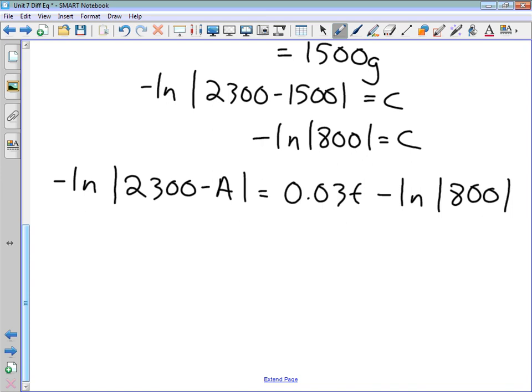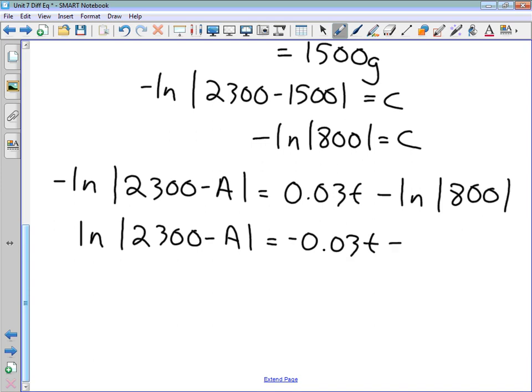So let's start by dealing with this negative sign over here. Okay. So we'll make everything over here negative: negative 0.03 t plus ln 800. And then let's raise both sides to the exponent, to the base e here.